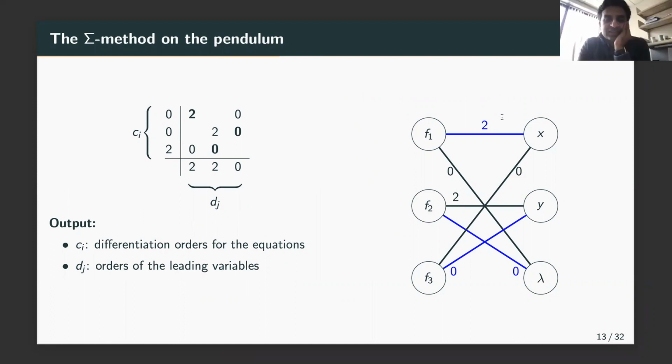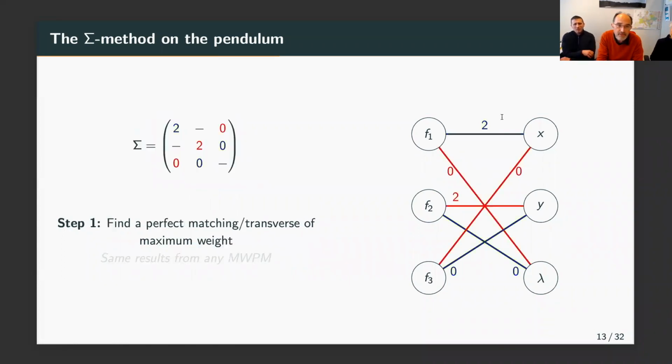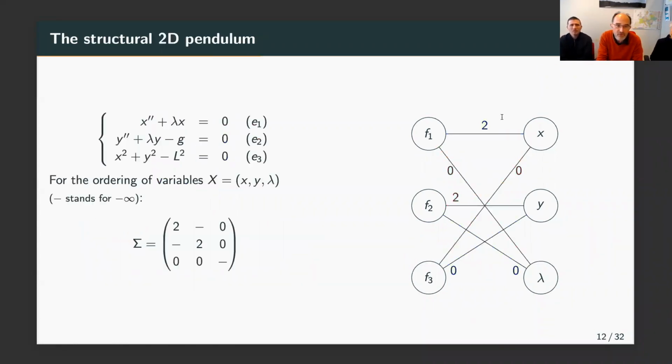So we use binary decision diagrams to represent this huge family of graphs indexed by the modes. And then we use some algorithms on binary decision diagrams to solve the two problems for the structural analysis.